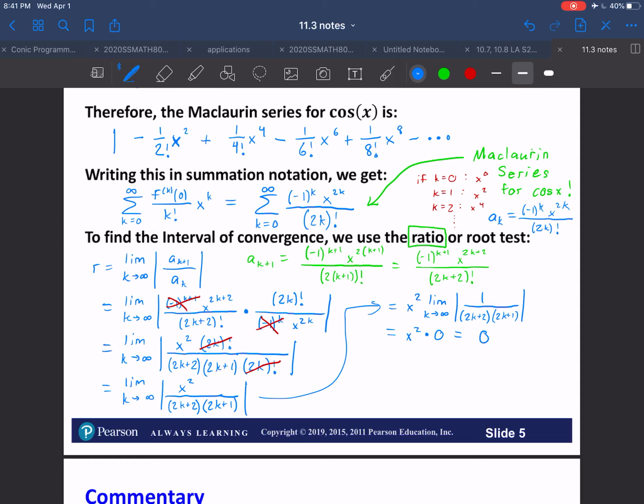And so the conclusion here is that since we are using the ratio test, and we get 0 as an answer for our ratio, since this is less than 1, this will converge for all values of x, because it doesn't depend on x to make this fraction less than 1. So the conclusion, let me write it down.